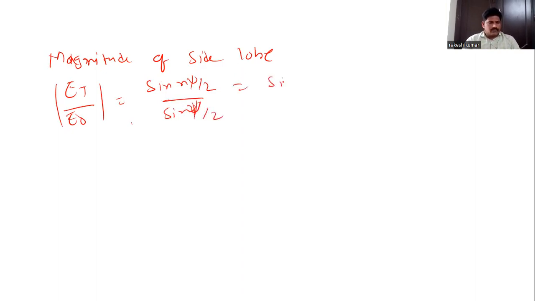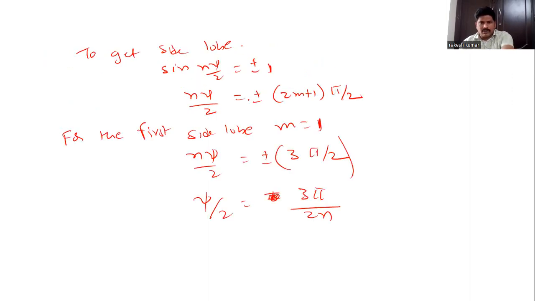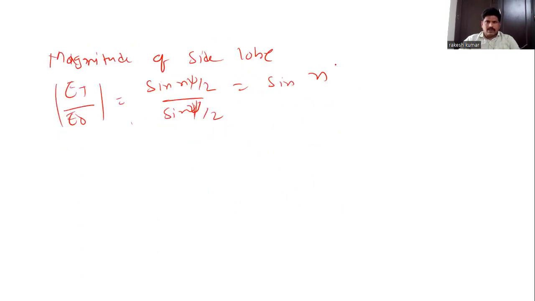What is the value of psi by 2? We derived it: 3 pi by 2n. So it is sin(n into 3 pi by 2n) by sin(3 pi by 2n).